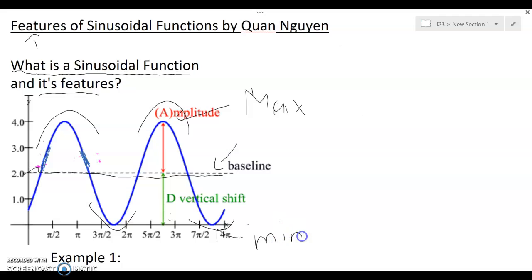The distance from the midline to the maximum and to the minimum is called the amplitude. For the amplitude, the spaces between the top and the bottom should be the same because the midline should be in the middle.